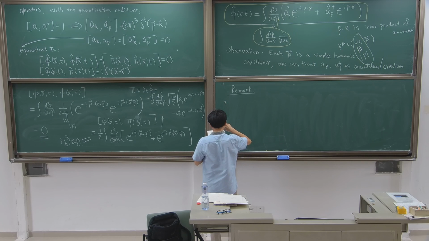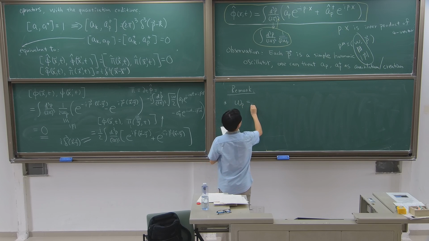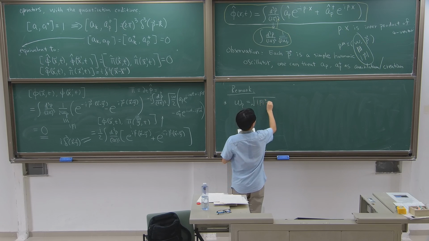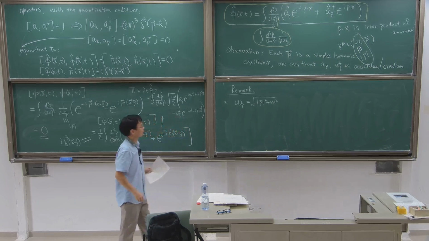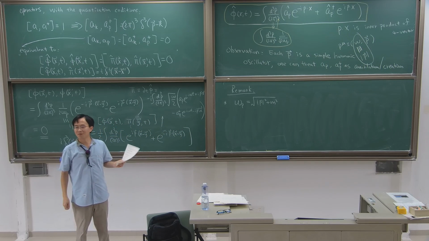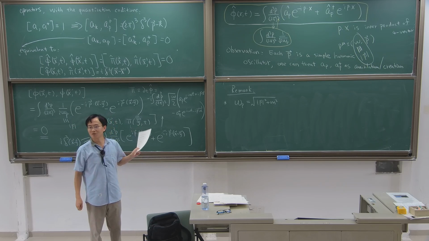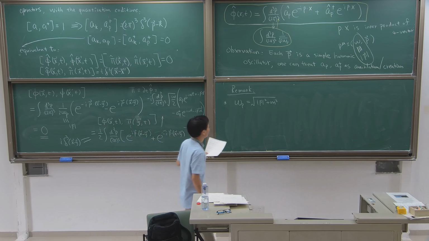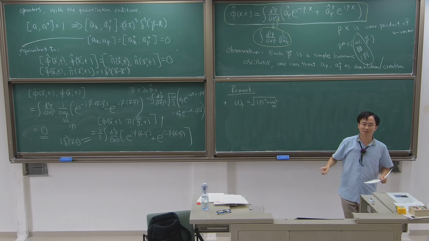This works equally well if I have a massive field. For example, then the omega p will be equal to the square root of p vector square plus m square. Okay? This is the classical relation from standard relativity, right? Just the energy square equals p square plus m square. Now this is with a mass, and everything works fine.